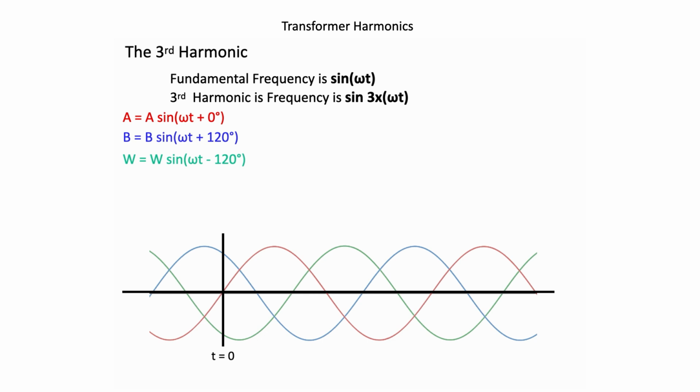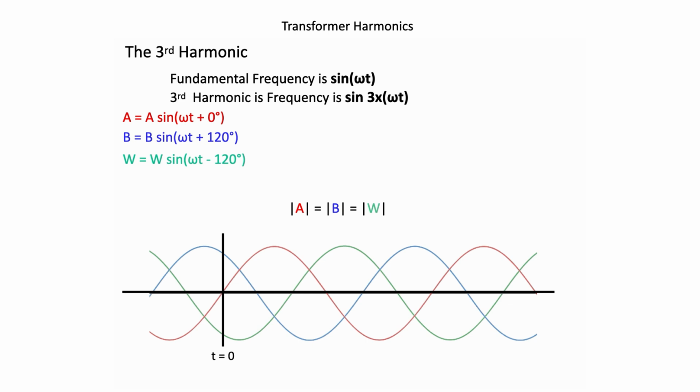Now, keep in mind, we're talking about a balanced system here, so the magnitudes of the A, B, and W phasors are equal, but I'm going to leave them as A, B, and W for now. And the following third harmonic magnitudes, A third harmonic, B third harmonic, and W third harmonic are also equal in magnitude.